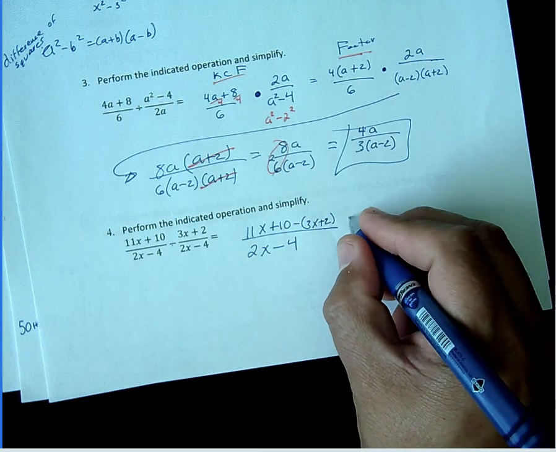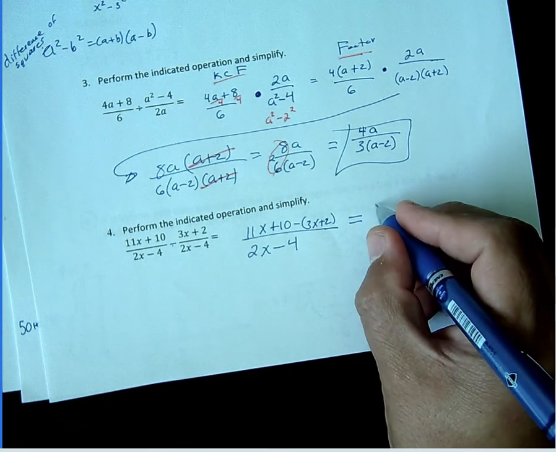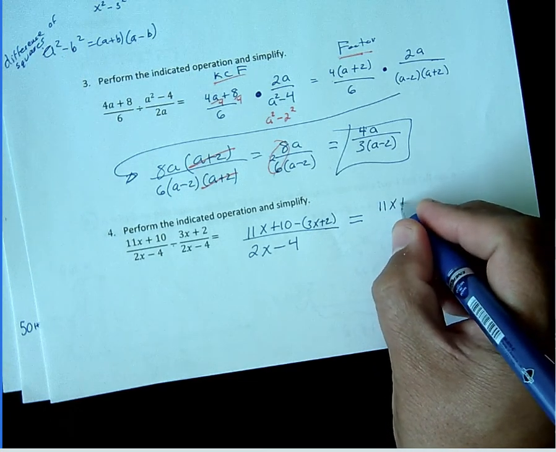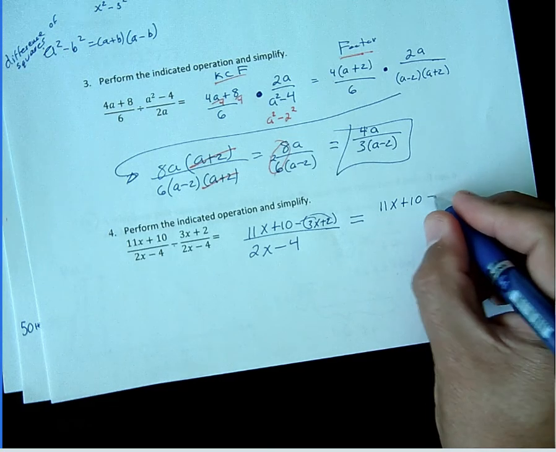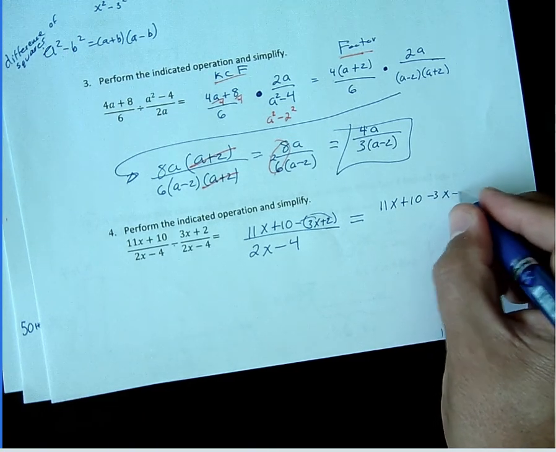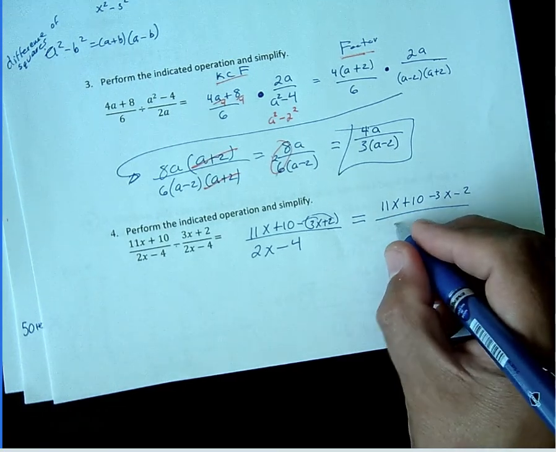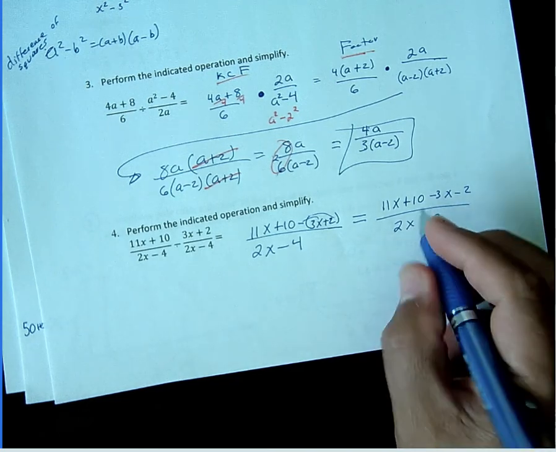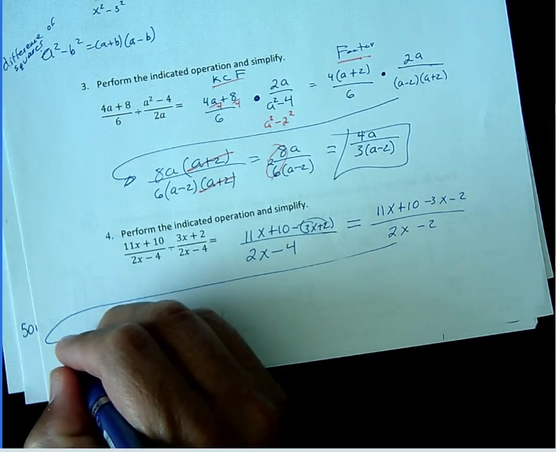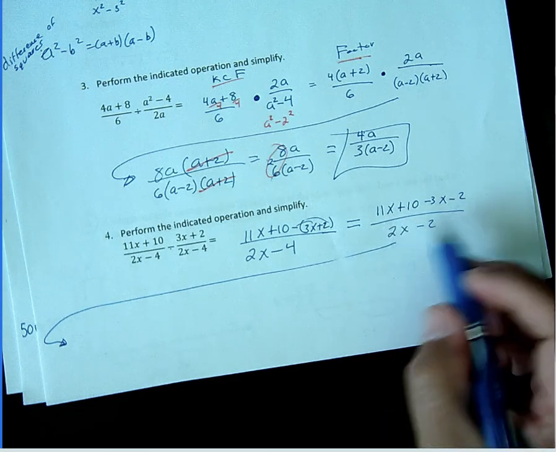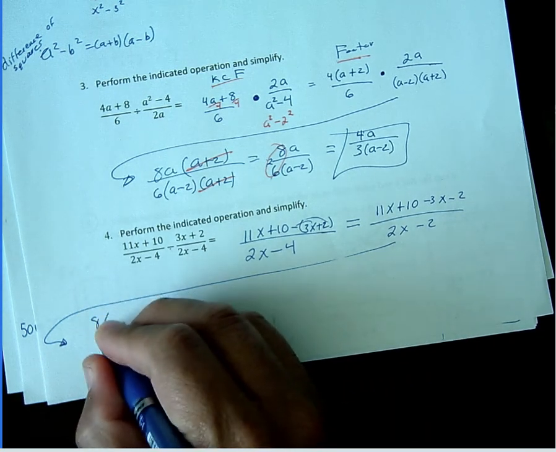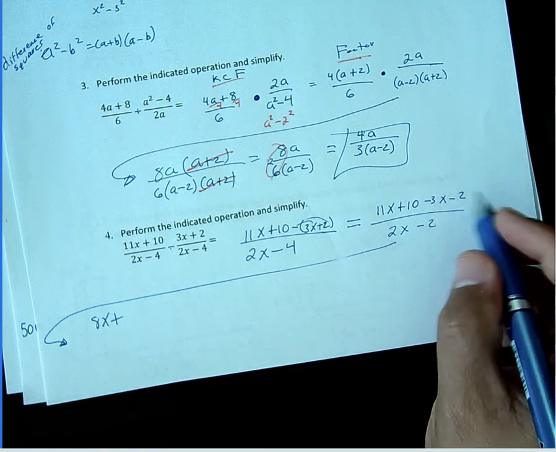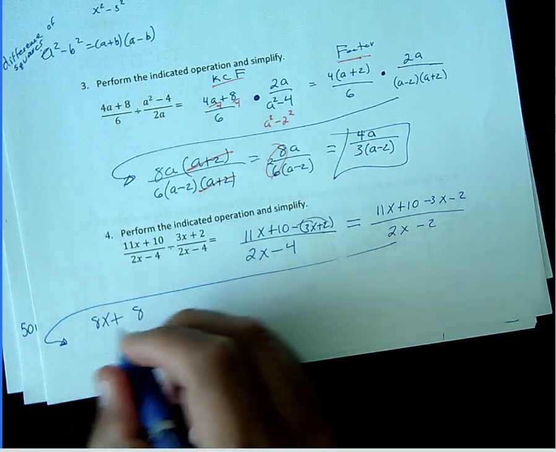And then 11x plus 10, and then distribute that negative, minus 3x minus 2, like that. So 11x minus 3x would just be 8x. 10 minus 2 would just be 8.